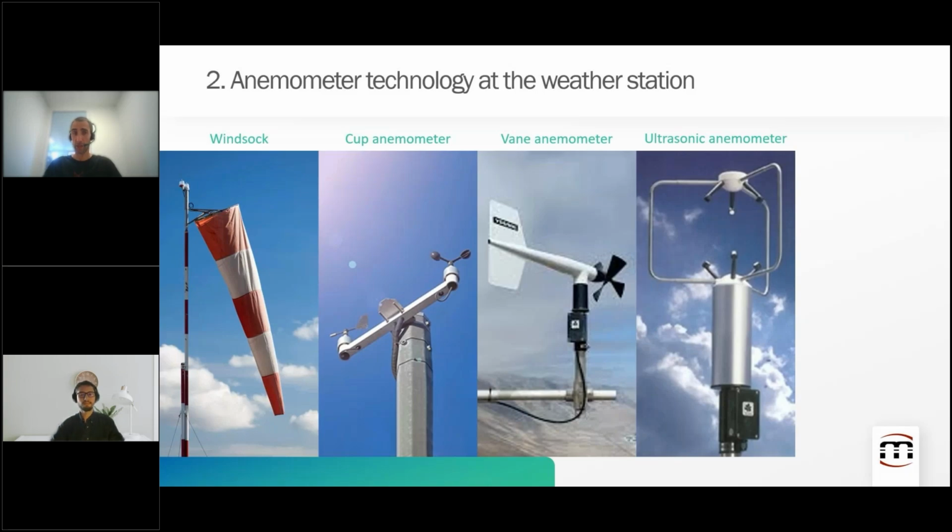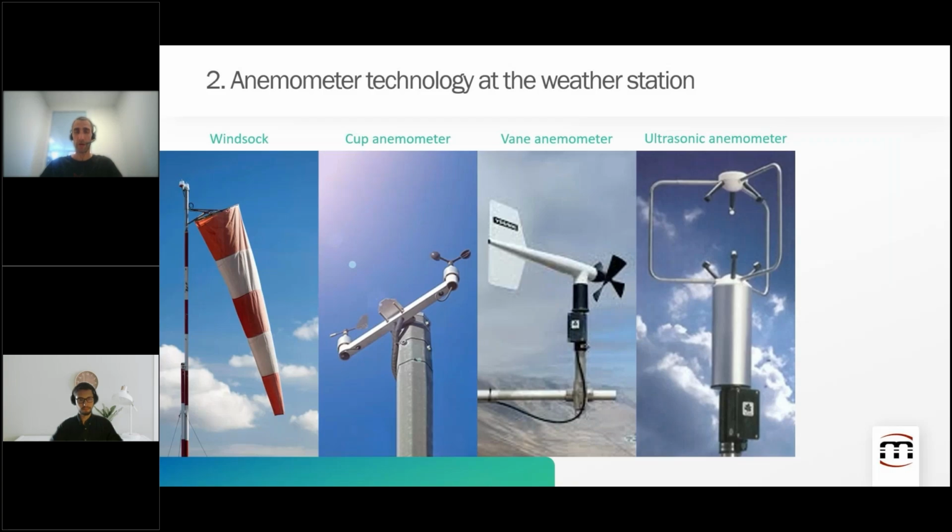Next one is the cup anemometer. It is also called Robinson, from the inventor of the 19th century, and it can measure the wind speed and wind direction. It is made of 3 to 4 cups or half cups, about the size of a tennis ball.